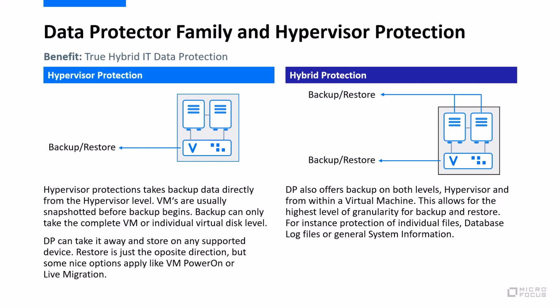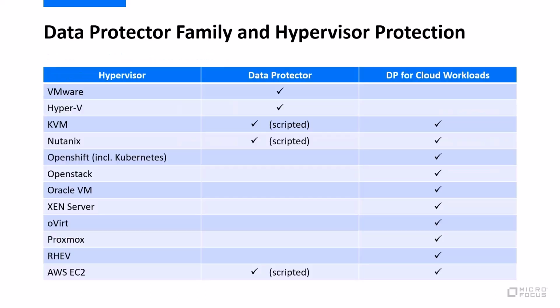We're using our backup integration agents to support the backup workflow and to support more granularity and even some more data consistency. Anyway, the Data Protector family offers you hypervisor-based protection and hybrid protection in both worlds. The family consists of Data Protector itself and our new integration, Data Protector for Cloud Workloads, where Data Protector already came with VMware and Hyper-V support and some scripted solutions like for KVM, Nutanix, and AWS EC2.